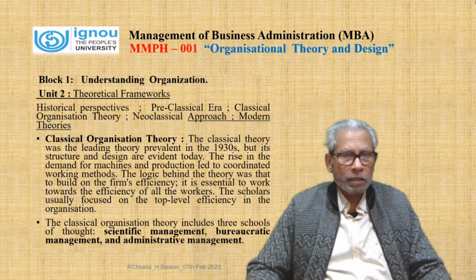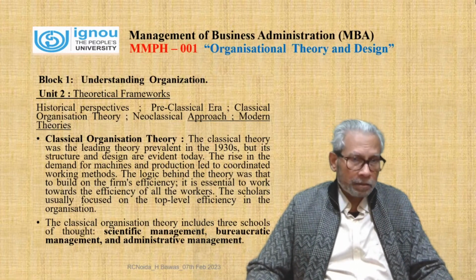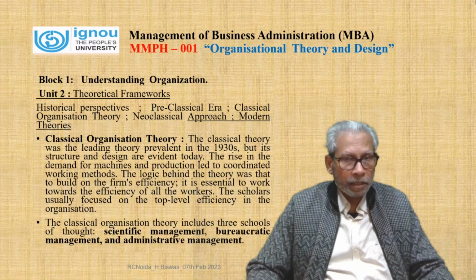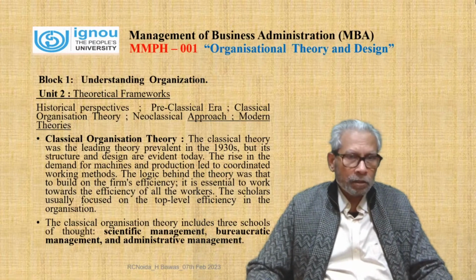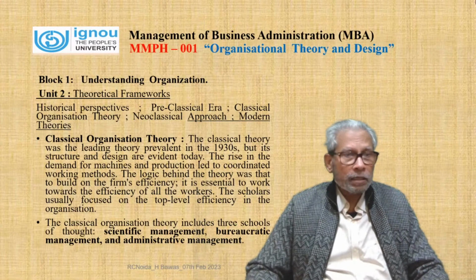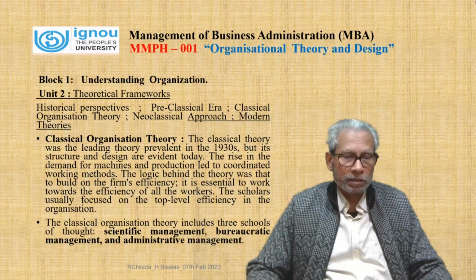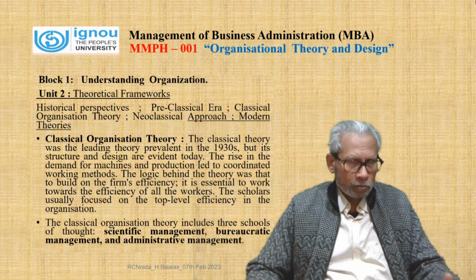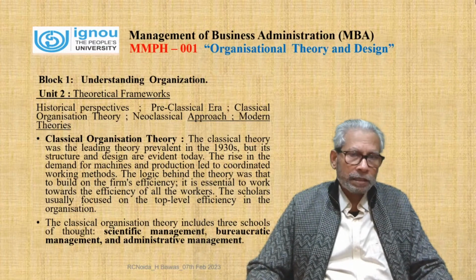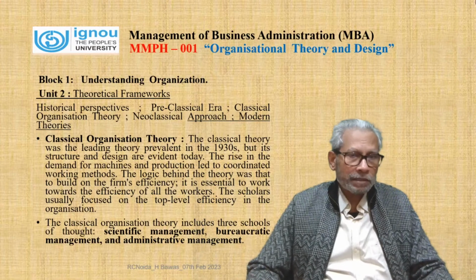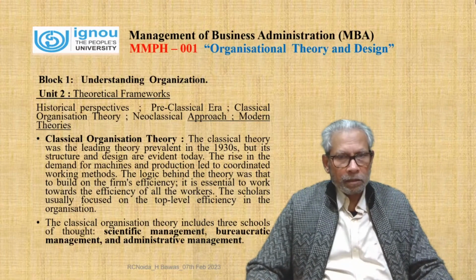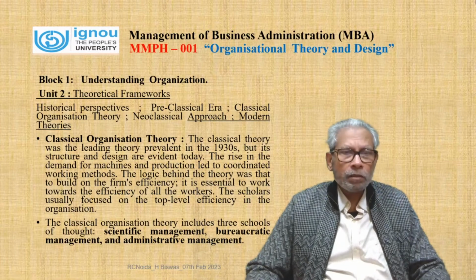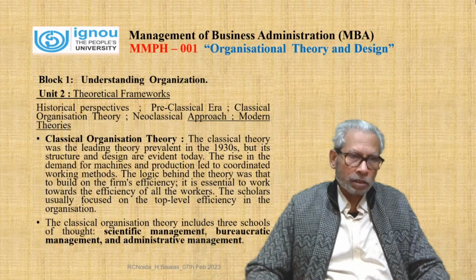The rise in demand for machines and production led to coordinated work methods. The logic behind the theory was to build the firm's efficiency. So it is essential to work towards the efficiency of all the workers, and scholars usually focus on top level efficiency in the organization.